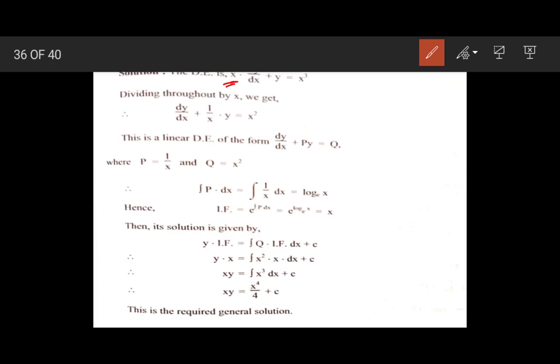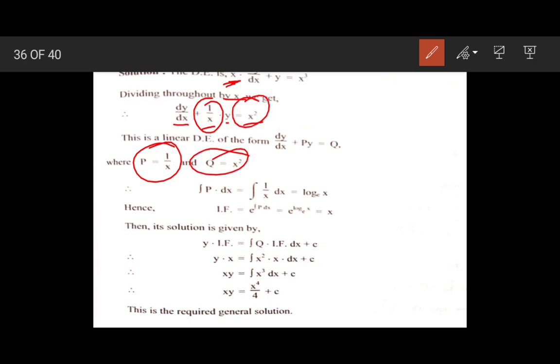We don't want this x term because a linear differential equation is in the form dy/dx + Py = Q, and that's why we divide throughout by x. By dividing throughout by x, we get dy/dx + (1/x) y = x^2. So now P is 1/x and Q is x^2.